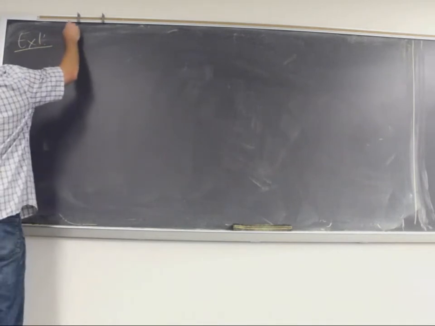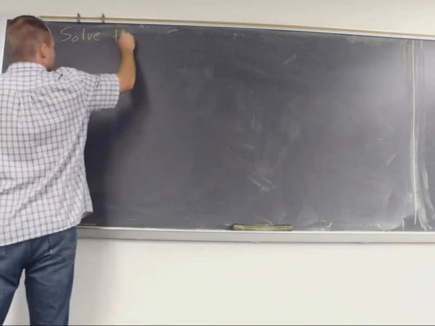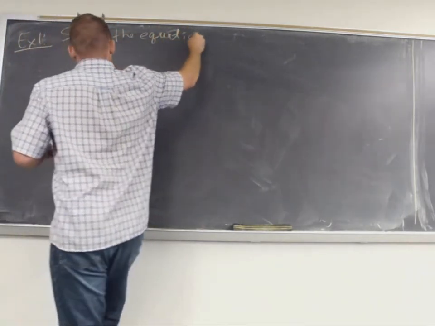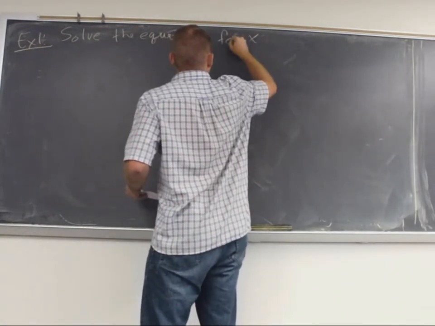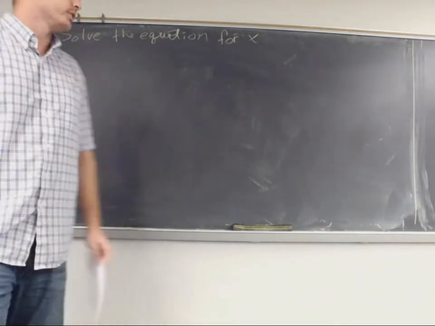So it's going to be worded a little differently than the previous lecture. Now we're going to say solve the equation for x. When it says solve the equation for x, that means the same thing as finding the zeros, finding the x-intercepts.